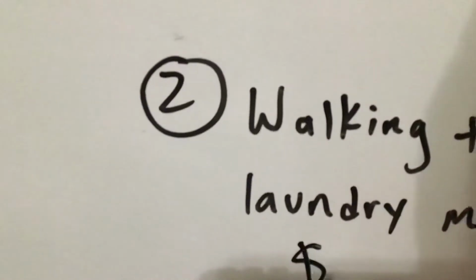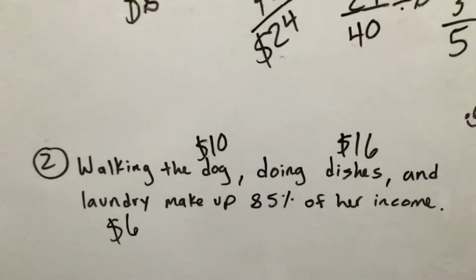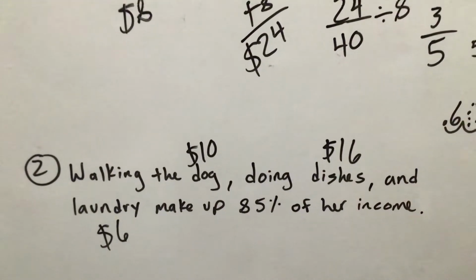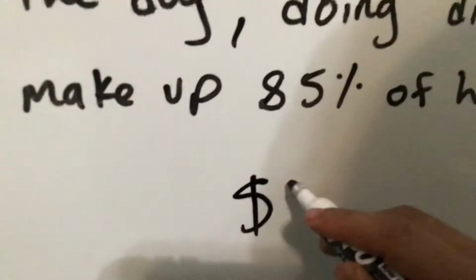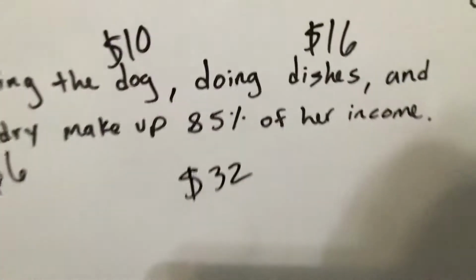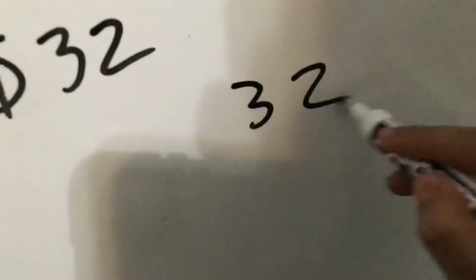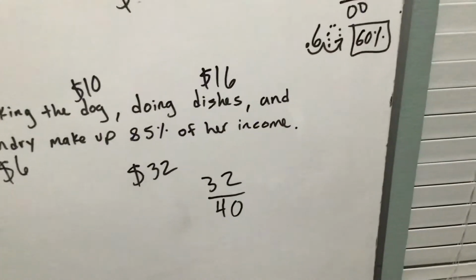So again, we must combine all three things. So 10 plus 16 is 26. 26 plus 6 will equal $32. And that is $32 out of the 40. So let me put this as a fraction. Now, does 32 out of 40 represent 85% of our income?